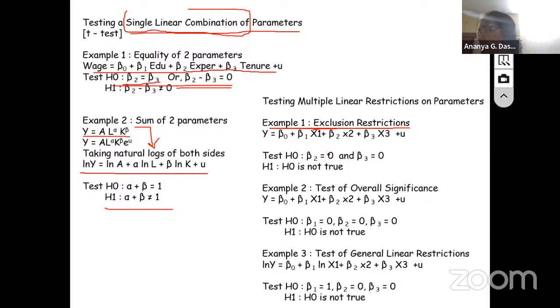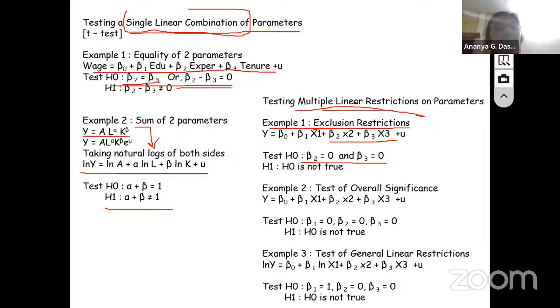So, how do you do that sort of a test? You ask that let's test that beta 2 and beta 3 are together equal to 0. That's equivalent to saying, what if we were to drop x2 and x3 from the model? So do you see? These are multiple restrictions that you're placing on the parameters.